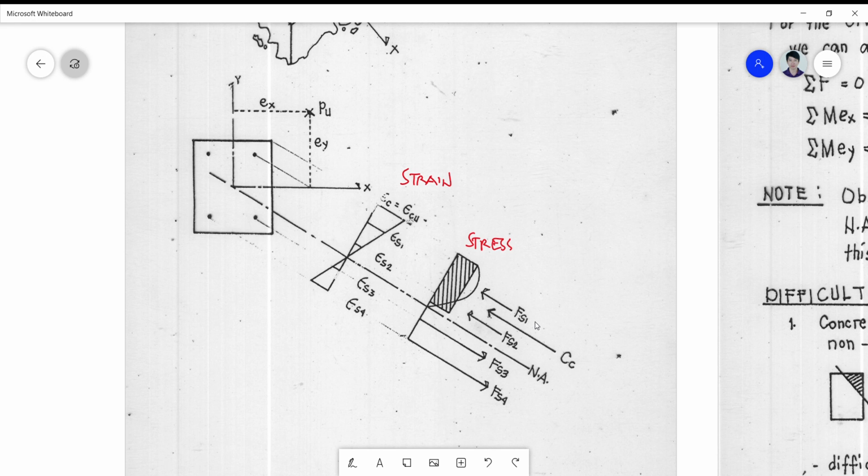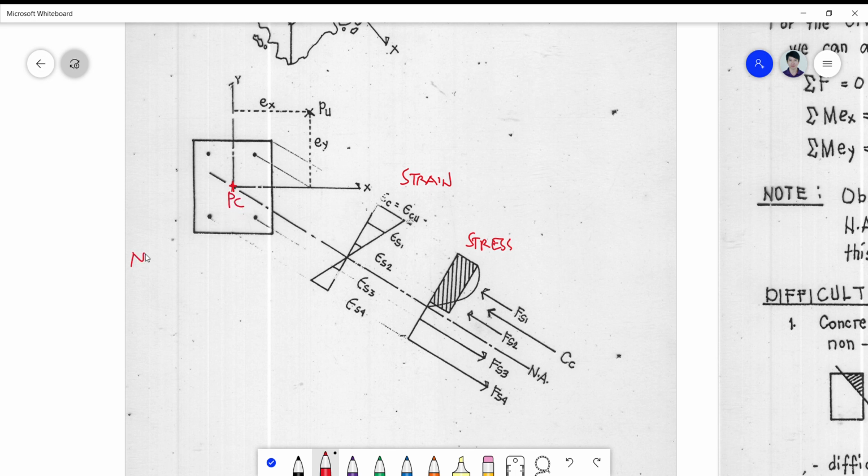Basically, summation of forces along the neutral axis will give you your axial load, and summation of moments at the plastic centroid will give you the bending. This part here will be defined in terms of your plastic centroid here.